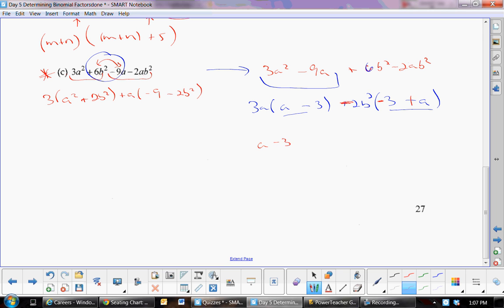So we take a minus 3, and that would leave me with 3a minus 2b squared. Okay, so that's why those ones are a bit tricky, but now that you've seen them. Yeah, it's just weird to have it that way. Okay.